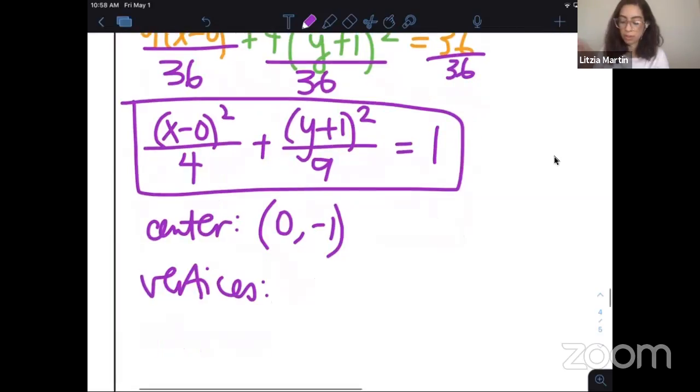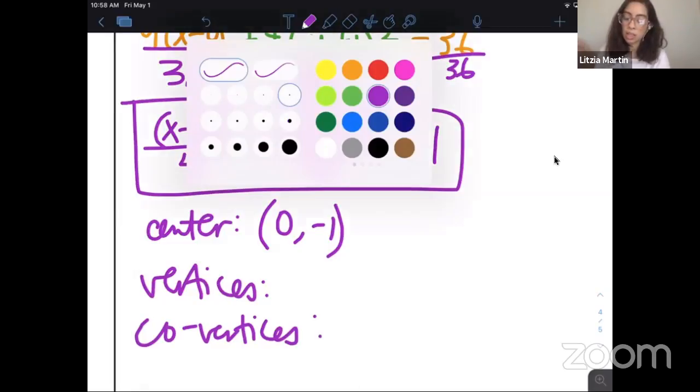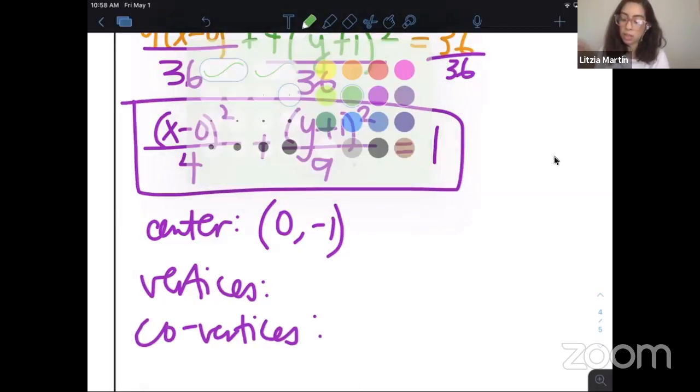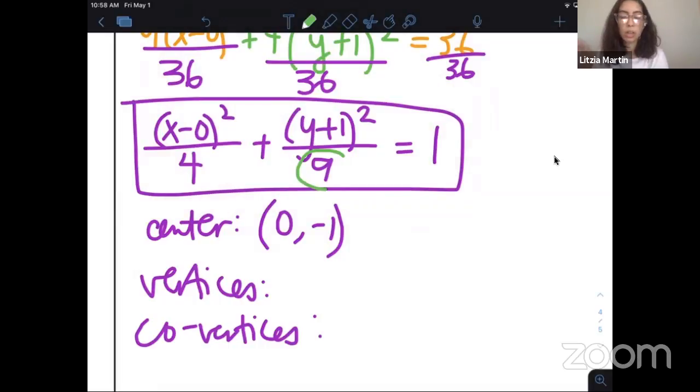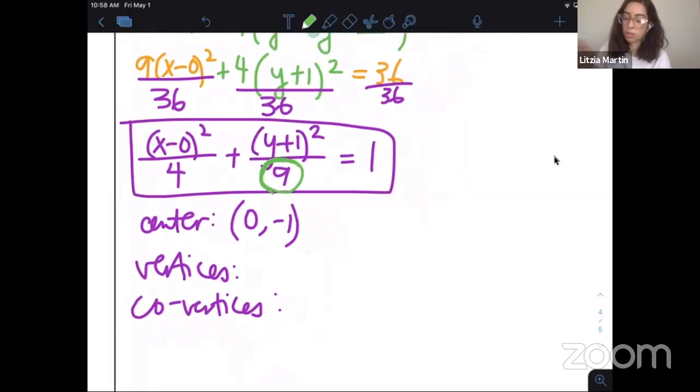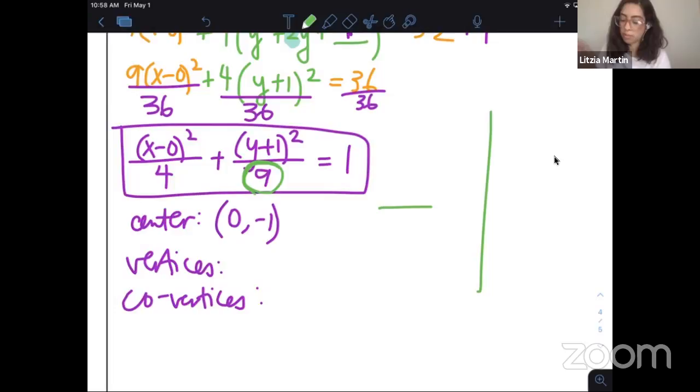So the vertices come from the longer side. The longer side in this case is going to be along y. It's going to be up and down, a vertical ellipse, because 9 is the bigger denominator, and it's underneath y. So if I were to start to graph this, we have the center at 0, -1.